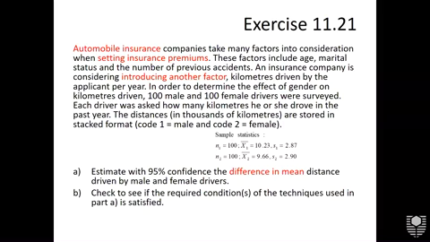Yes, we have to check because we have two values of S, right? You have to check the biggest one divided by the smallest one. If it's less than 1.5, that means equal variance. If it's greater, unequal variance, right?